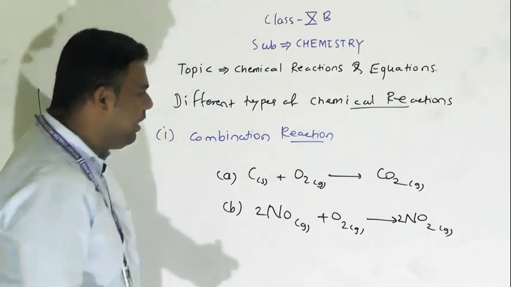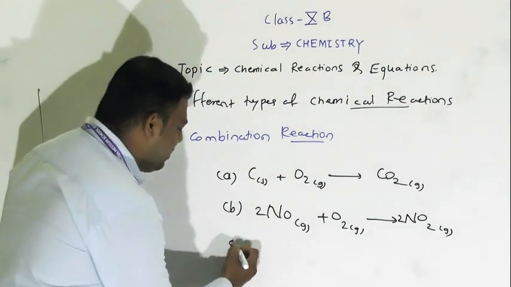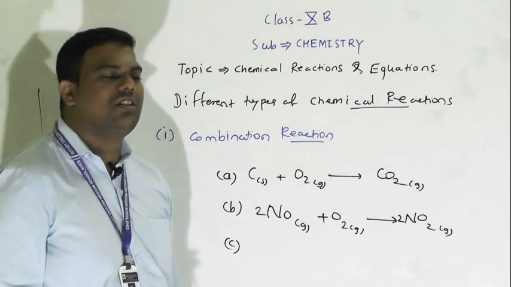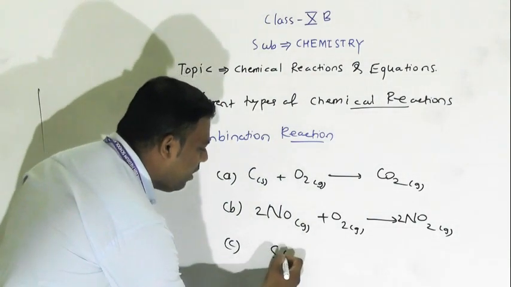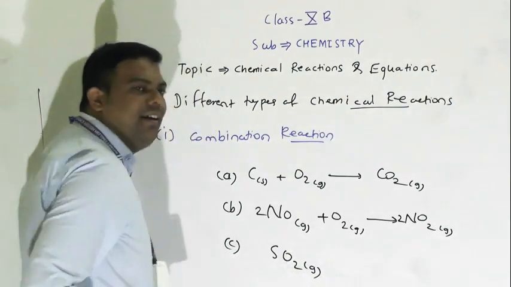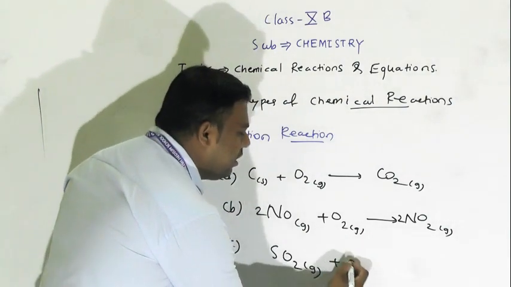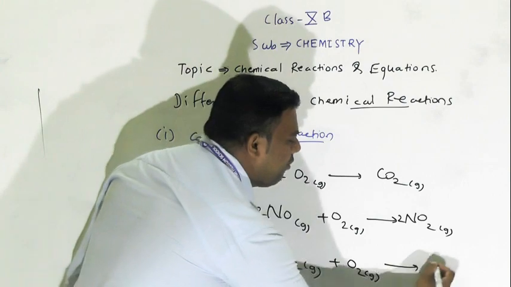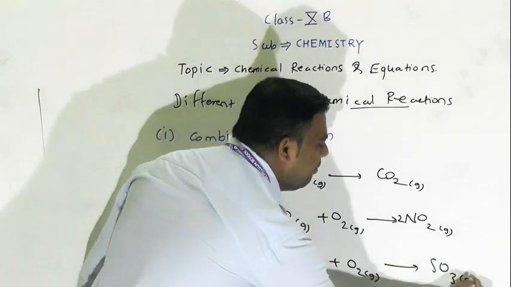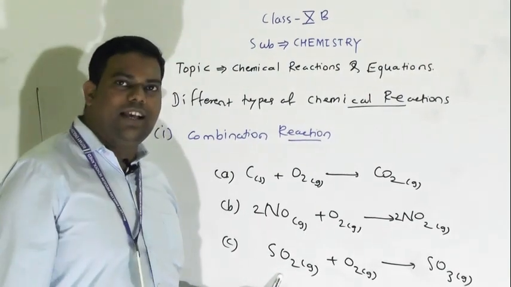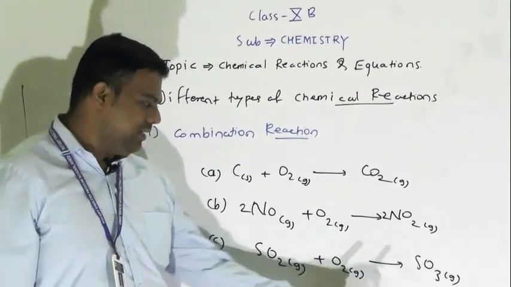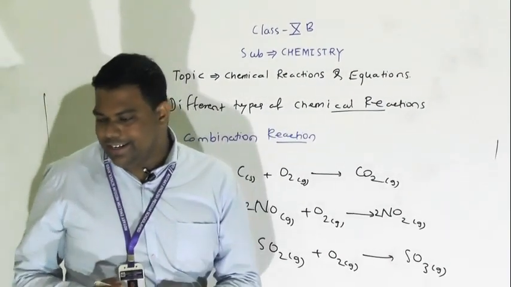Now we will see another example, when sulfur dioxide is oxidized. When sulfur dioxide gas is oxidized, it is converted into SO3, that means sulfur trioxide gas. So SO2 gaseous plus O2 gaseous gives SO3 gaseous.